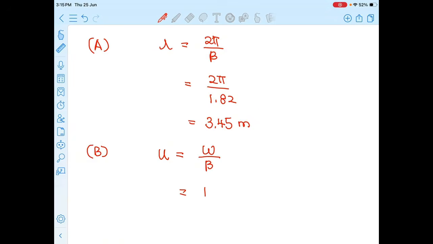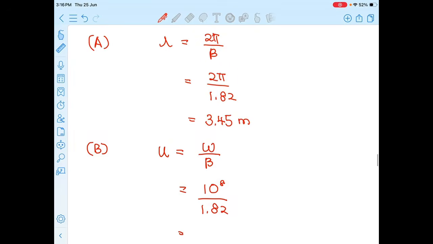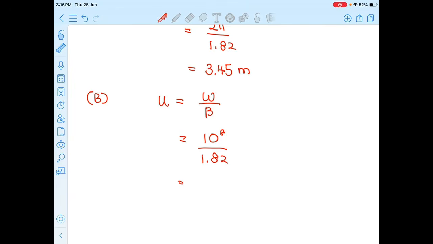So it's 10 power 8 over 1.82, which is 54.95 mega meter per second. Meter per second is the unit of speed or velocity.